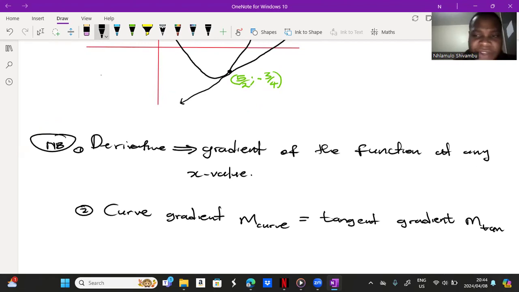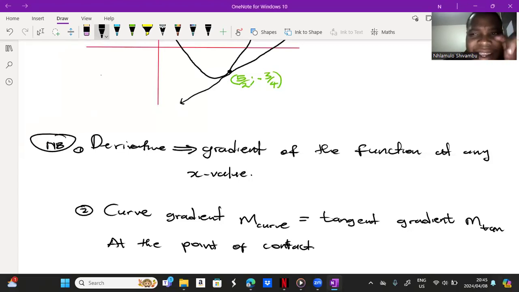So the gradients are equal at the point of contact. The point of contact is the point where the straight line touches the curve. So what we're saying is that the gradient of the curve and the gradient of the tangent are equal at x equals 5/2.